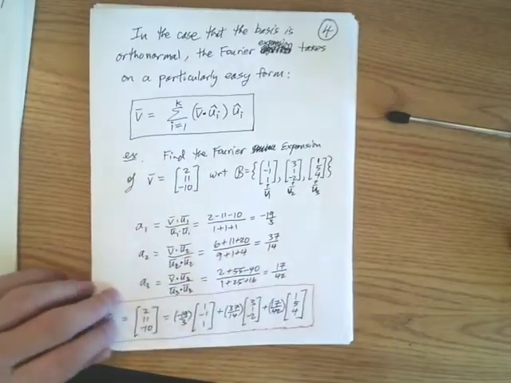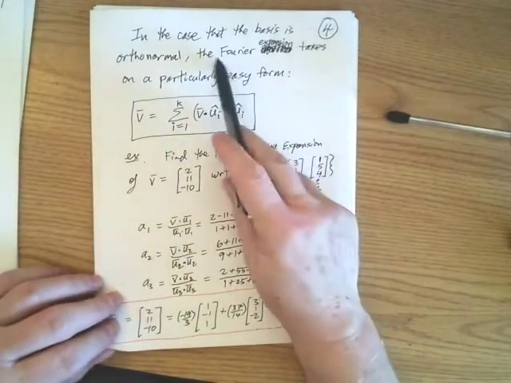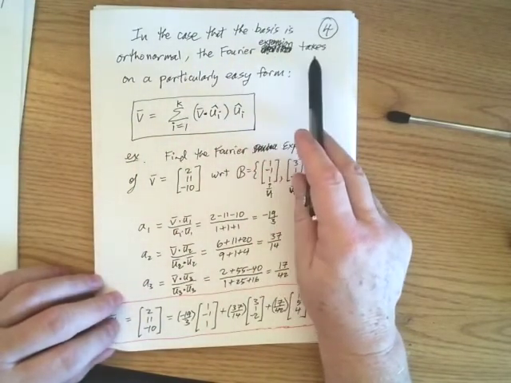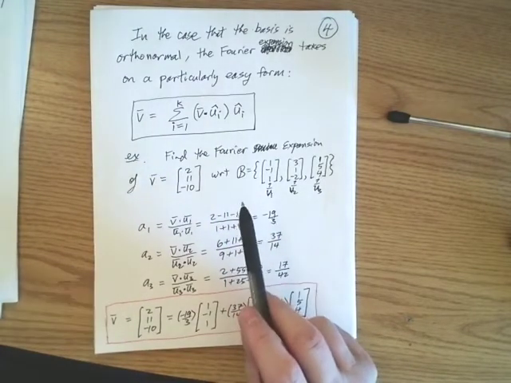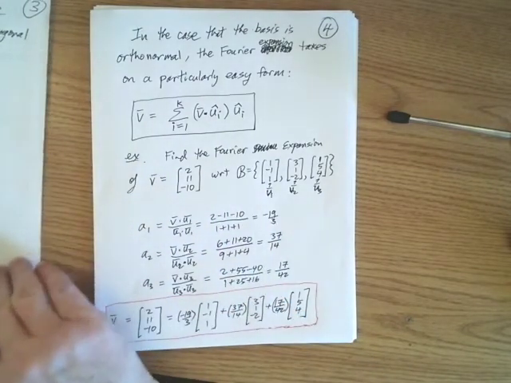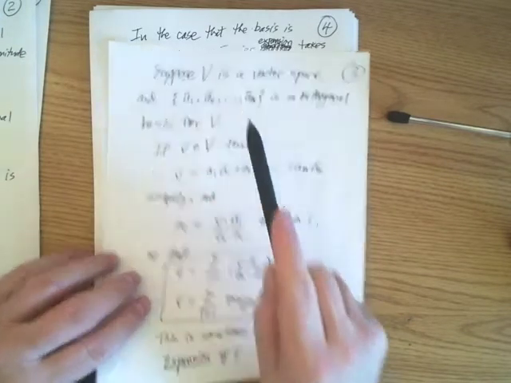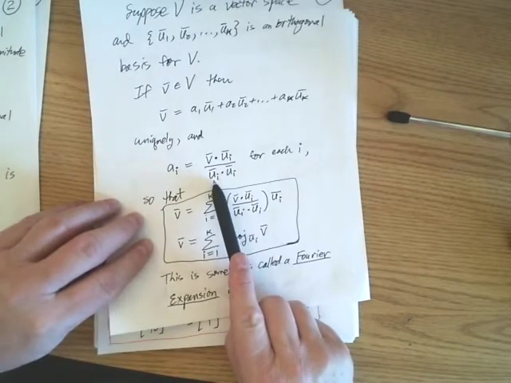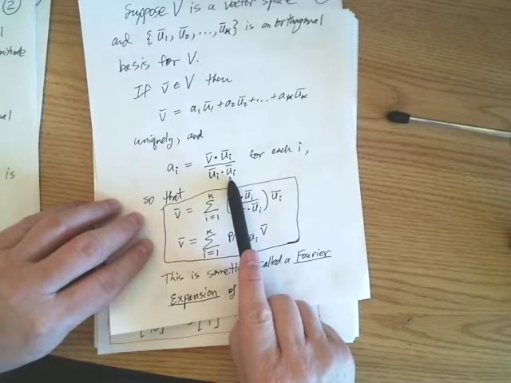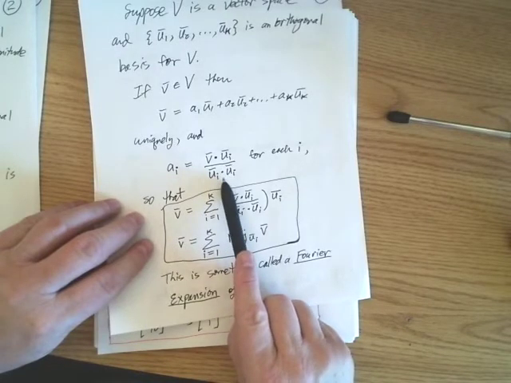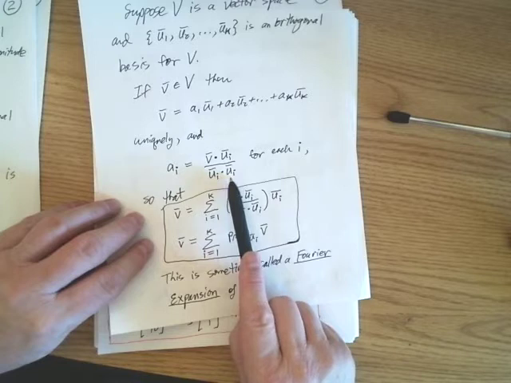In the case that the basis is orthonormal, the Fourier expansion takes a particularly easy form. If this is orthonormal, that means the magnitude of each one of these is equal to 1. Now, in our formula, I have u sub i dotted with u sub i in the denominator, which is the square of the magnitude of u sub i.